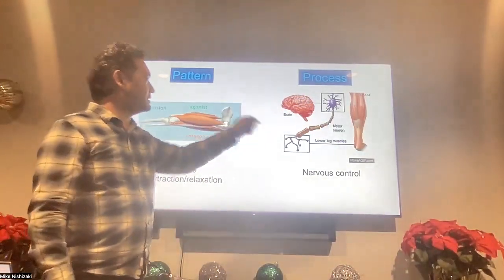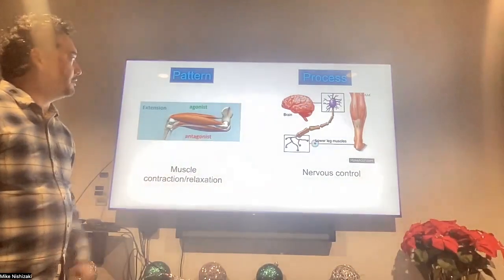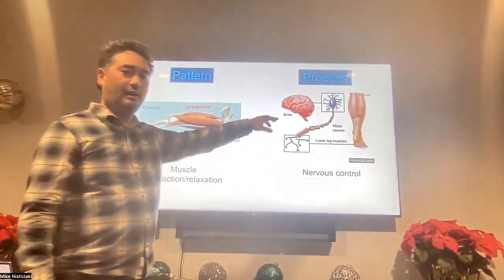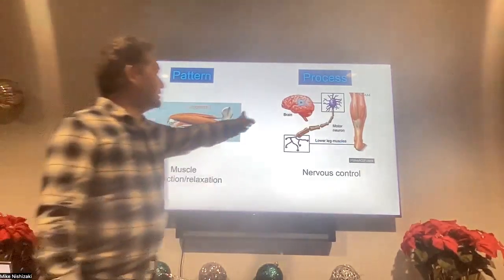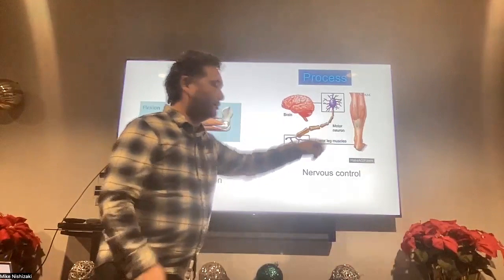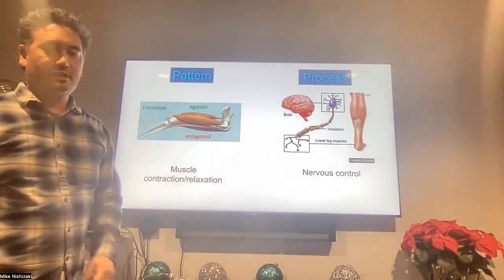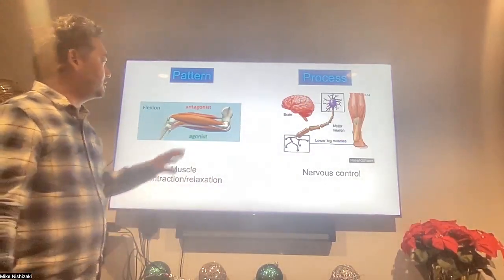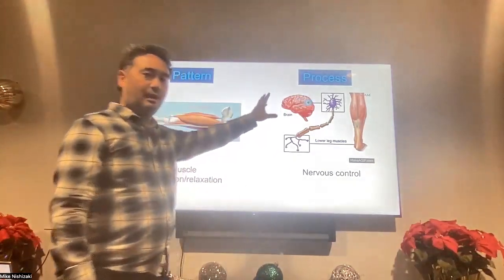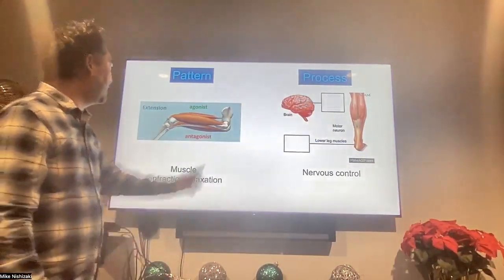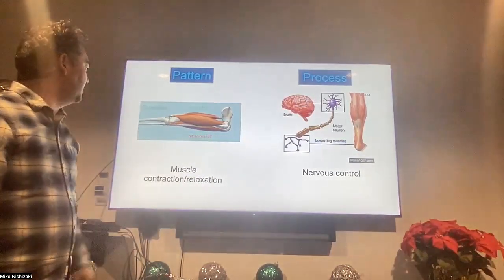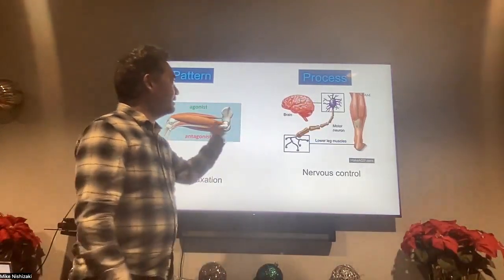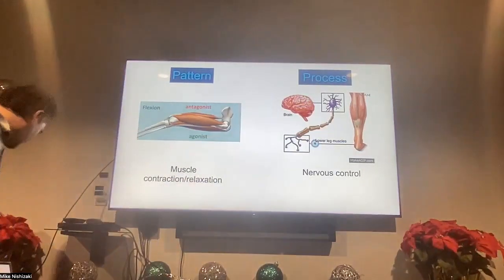Well, it's a complex phenomenon where you're looking at neurons being excited and going out to the periphery and actually causing the contractions in the muscles. So it's more of a nervous system process that's underlying the pattern of muscle contraction and motion, right? So pattern and process, they're linked here.